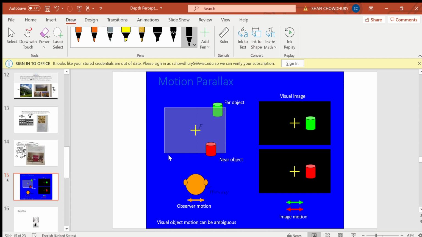When you move right or left, your near things move in the opposite direction. You can just test that.